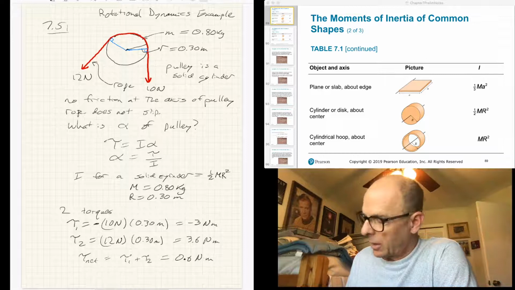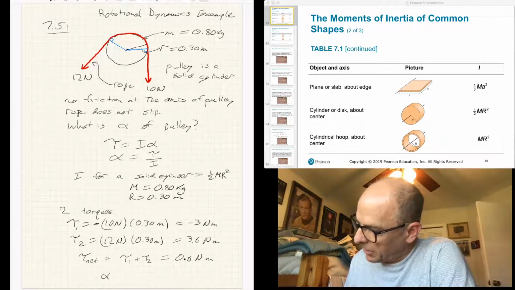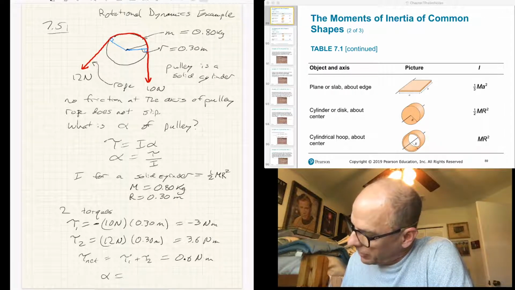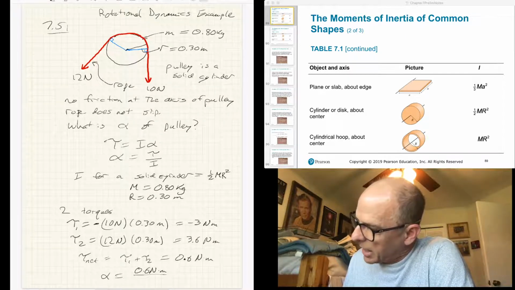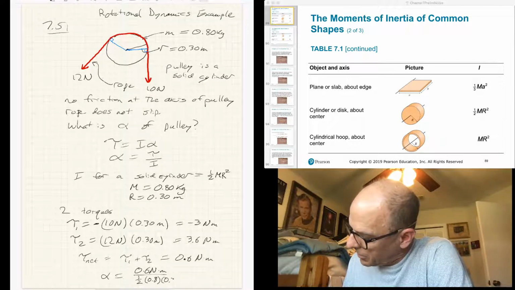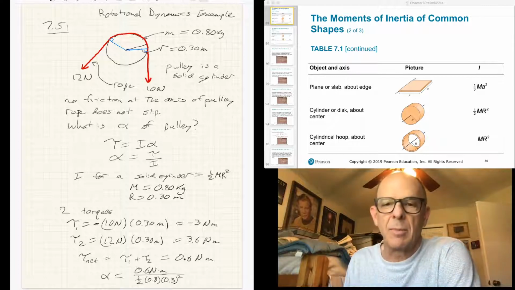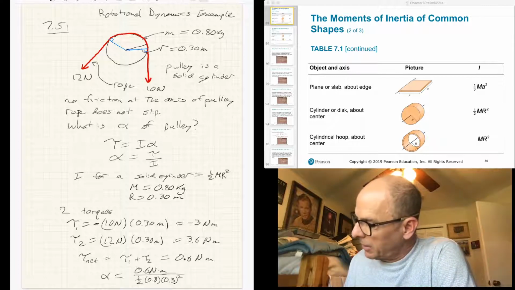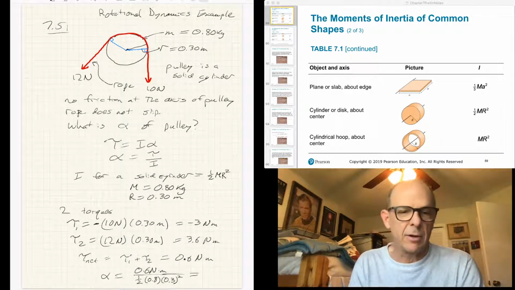So that's the net torque acting on this thing. So the angular acceleration is just that 0.6 Newton meters divided by 1/2 times 0.8 times 0.3 squared. That bit in the denominator there is the moment of inertia of that cylinder.